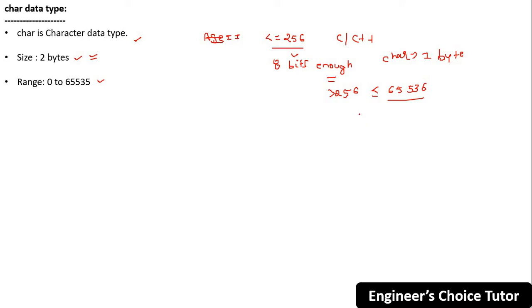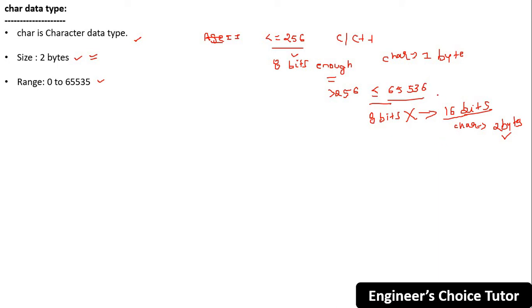So to represent these many characters, 8 bits are not enough. That is the reason we should go for 16 bits. Hence, the size of the char in Java is 2 bytes. Now I hope this is clear.